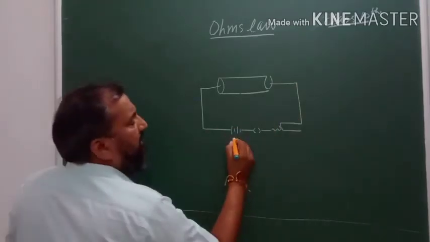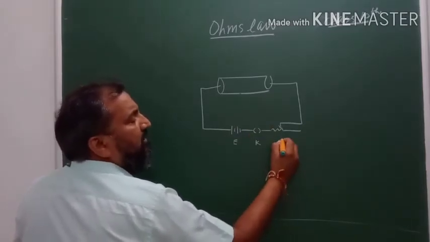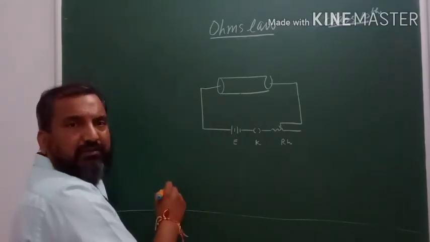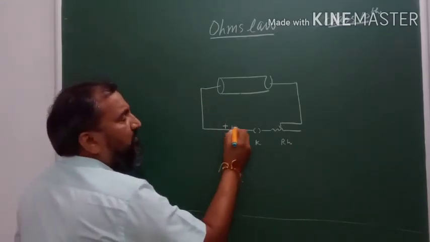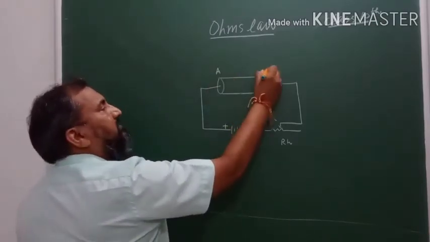This is the battery E, this is the key, this is the rheostat. These are the connecting wires, these are the two potentials, positive and negative, and this is the end of the conductor.